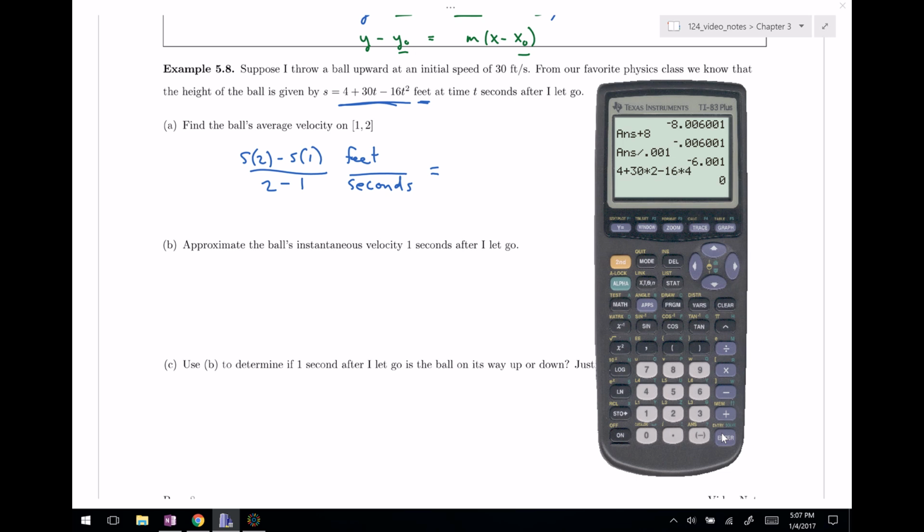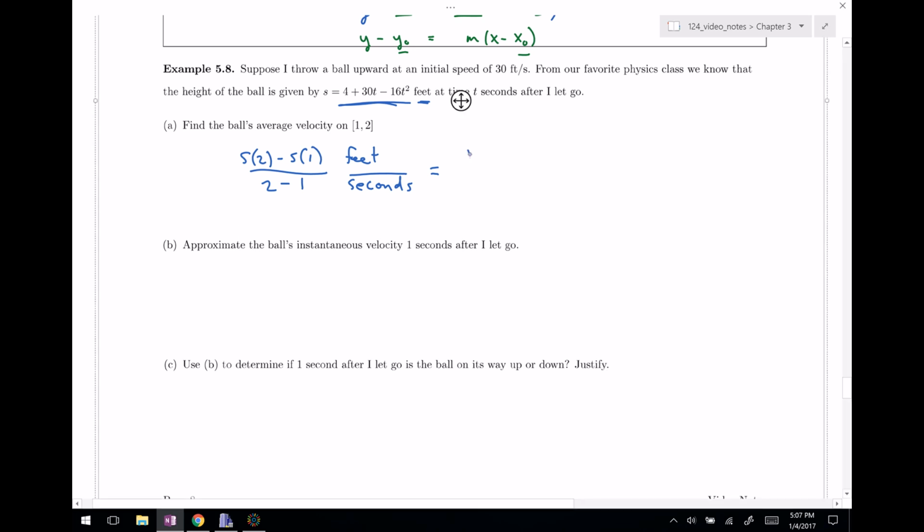Oh, that happens to be 0. How nice. All right, how about 4 plus 30 times 1 minus 16 times 1 squared? That's going to be 18. So I have 0 minus 18 divided by 2 minus 1, that'll be 1.